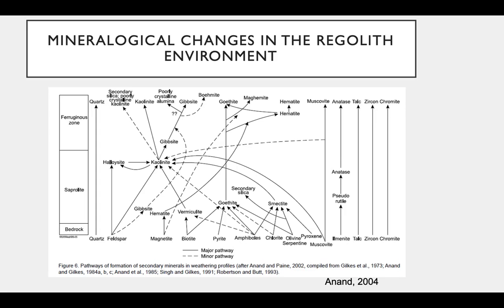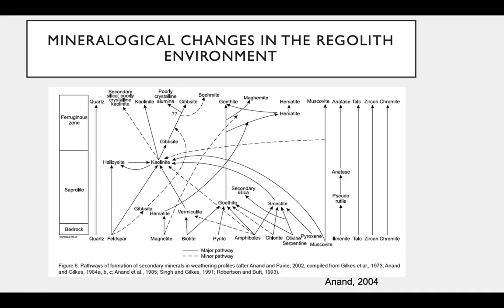So there's been a big push in Australia over the last 20 or 30 years to have a better understanding of regolith processes, one for looking for deposits in them, and also to try and identify rock types beneath the regolith.